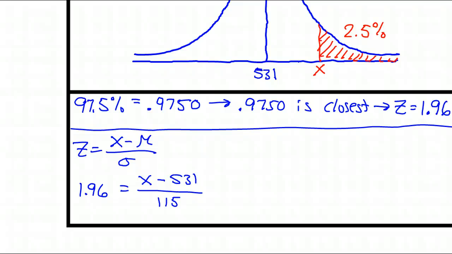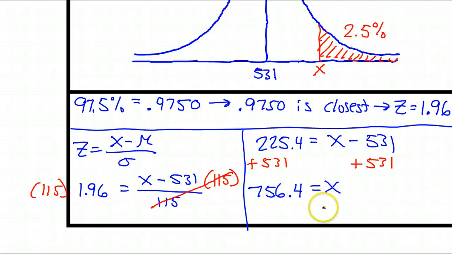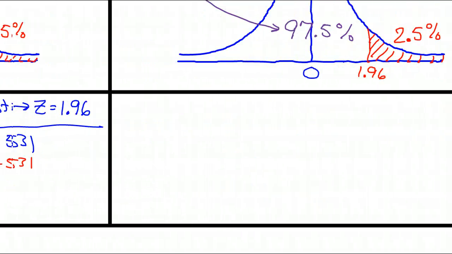Okay, so it's just a matter of solving this for x. Easy enough. We'll multiply both sides by 115. That way these will cancel out. So that gives us this. Then we shall add 531 to both sides. So x is 756.4. At this point we can go ahead and answer the question.